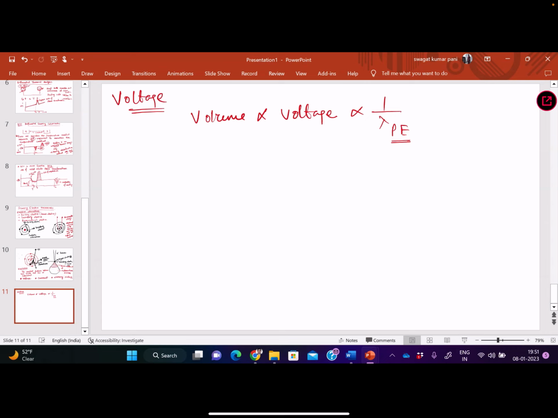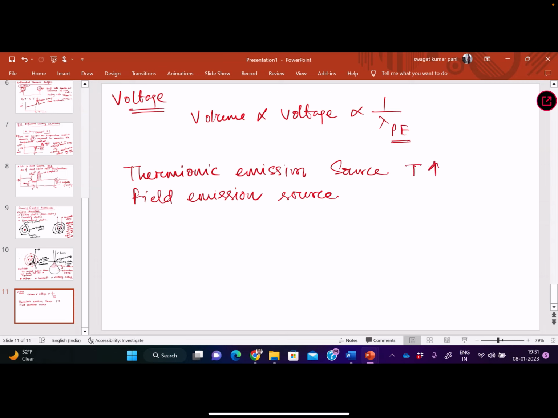Okay, so I forgot to discuss the source. Basically we use a thermionic emission source or a field emission source to generate the electron beam. In thermionic emission, we apply temperature, heat up the source, and that generates electrons.